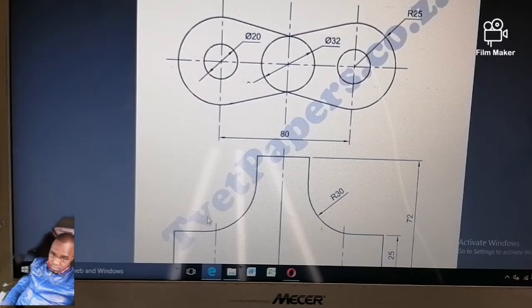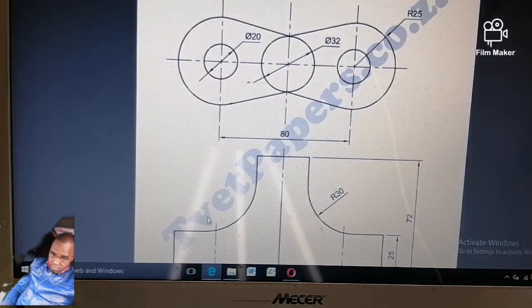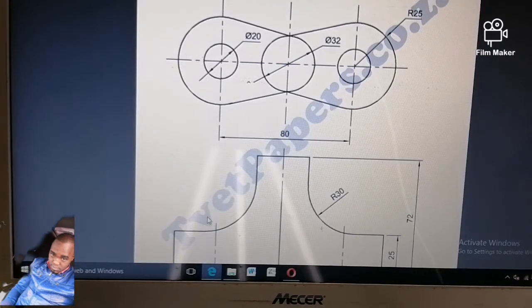Right, guys, the very first thing is to start by drawing the top view, starting with the diameter 32. Using a scale of 1:1, how do you draw diameter 32? 32 divided by 2 gives you the radius.